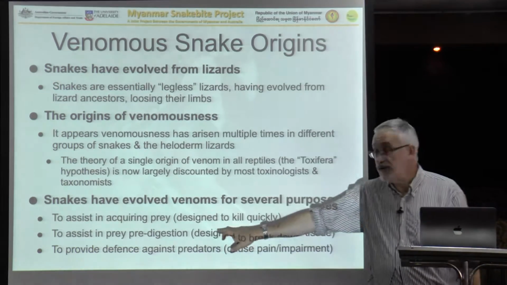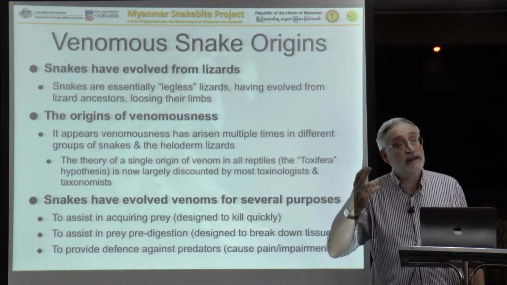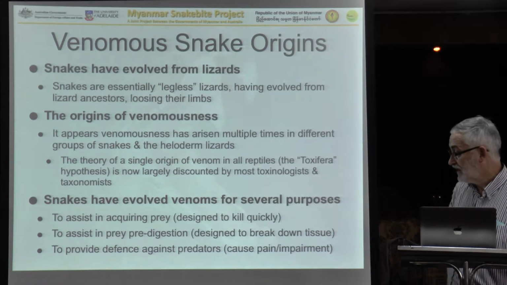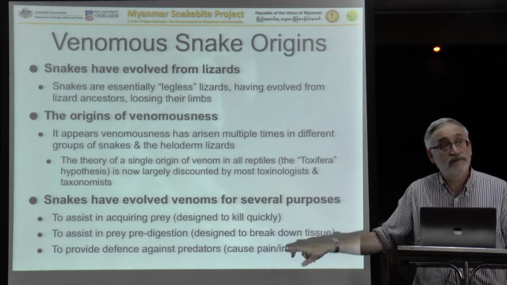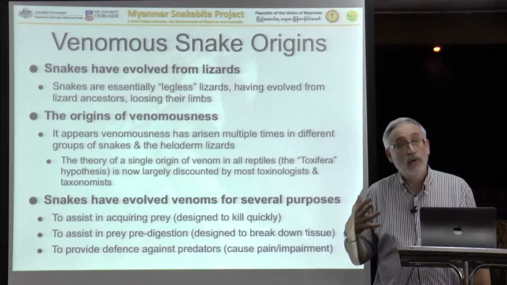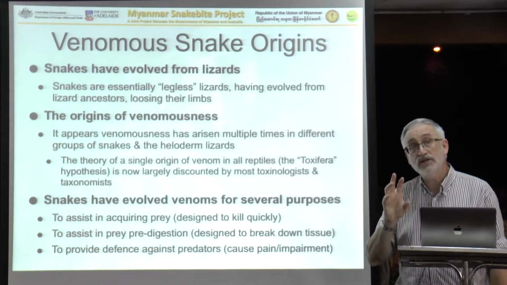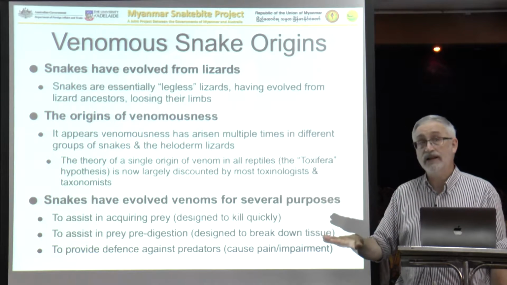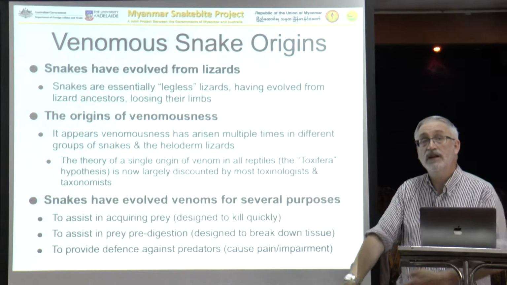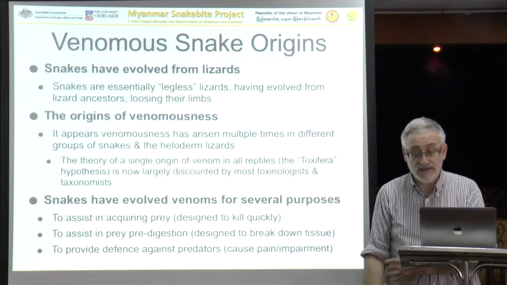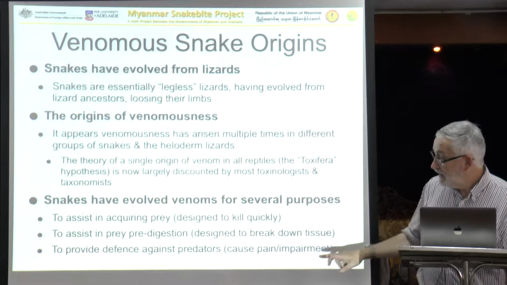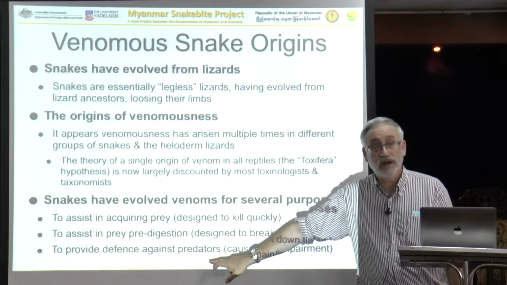It might be that the venom can help the snake more rapidly digest its prey, to help break down the tissues. We can imagine that toxins designed to do that in the prey may have a different effect when they bite a human. They cause local tissue damage at the bite site. And lastly, they're a defense against predators.